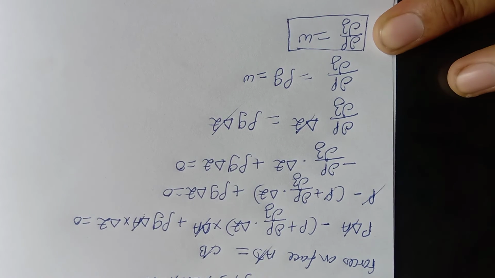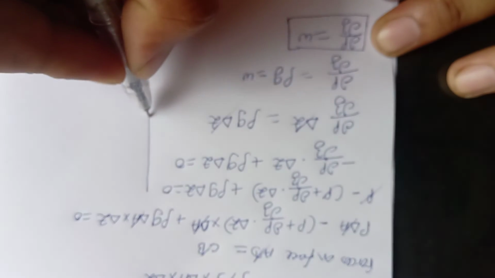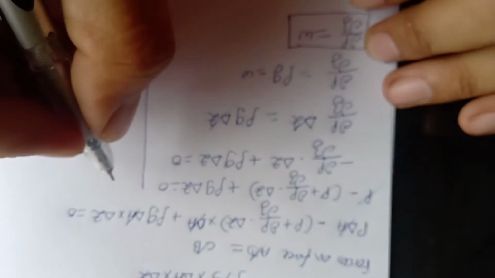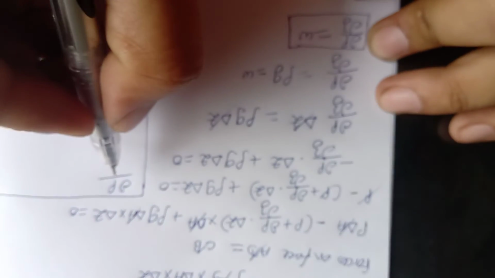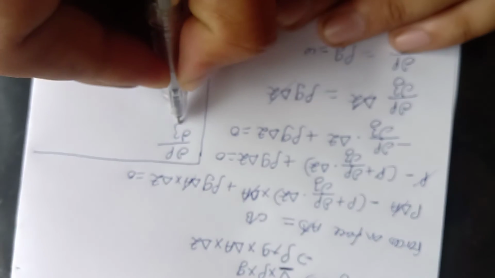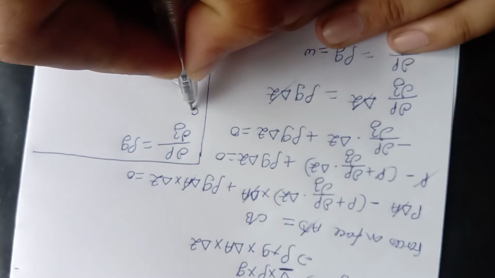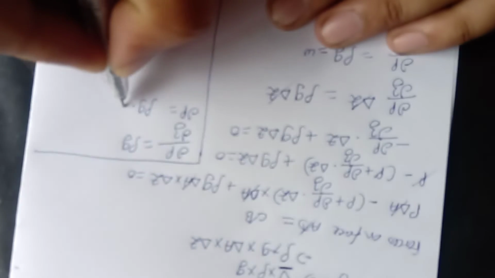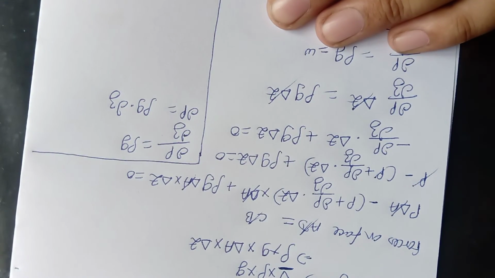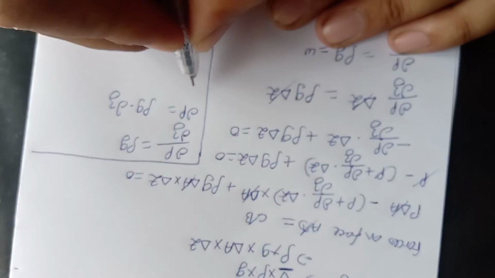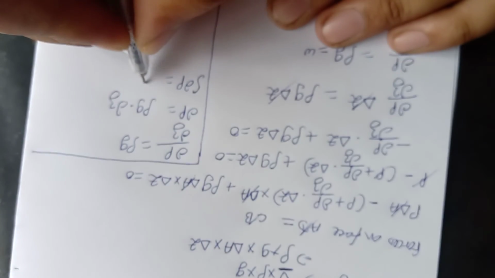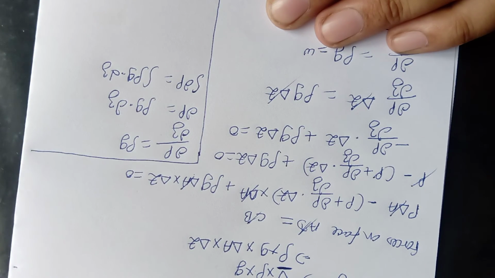Now there is a last step which we can do once more. We have dou P by dou Z is equal to rho G. It means that dou P is equal to rho G into dou Z. Now if we integrate it, dP is equal to rho G into dZ.